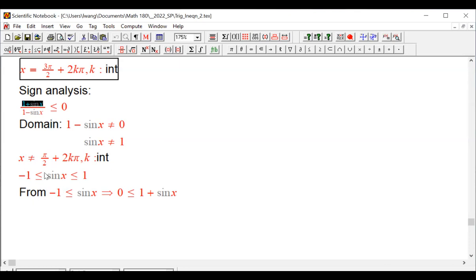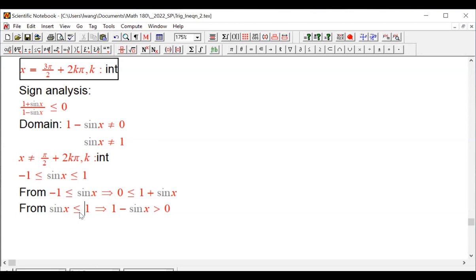The denominator, from this other piece, we get 1 minus sine x is always greater than or equal to 0. And of course, we want it to be in the domain, and this is going to be positive.